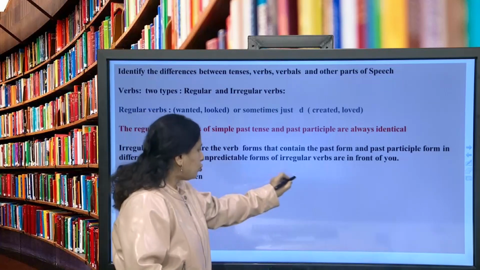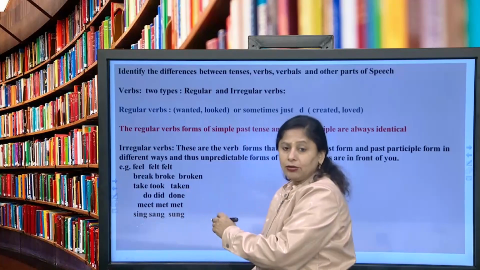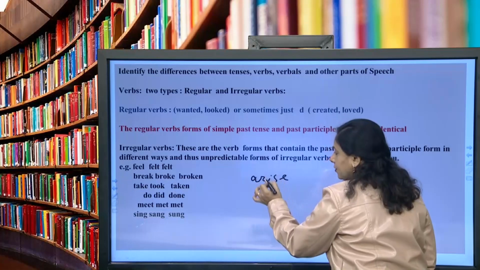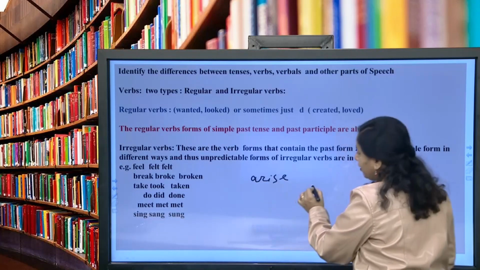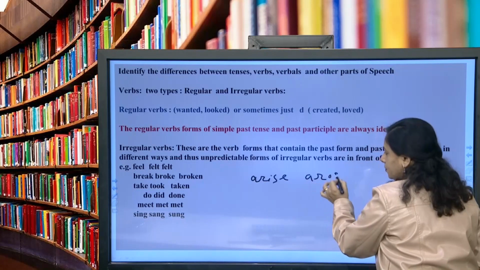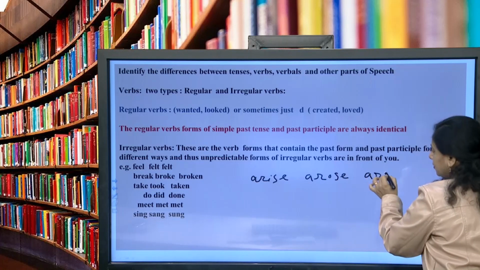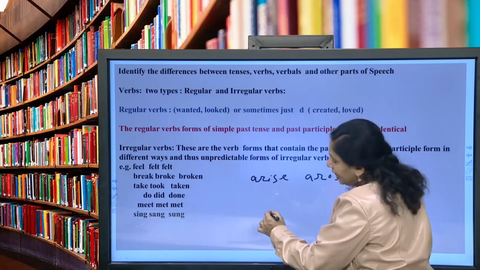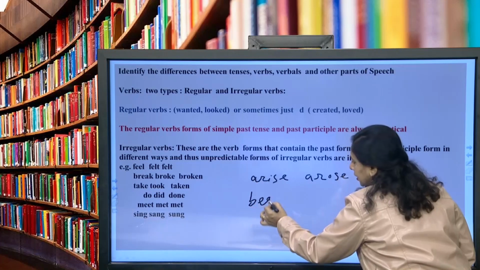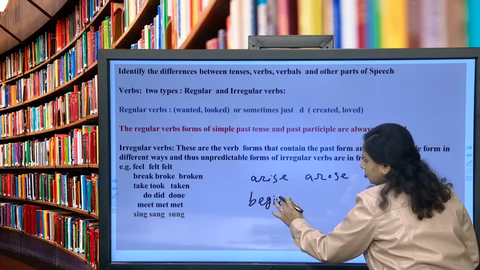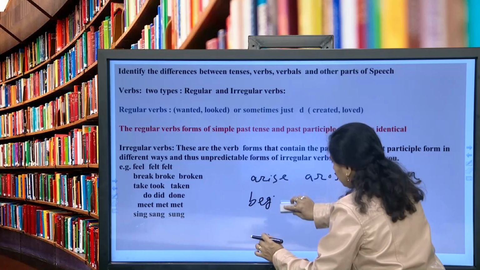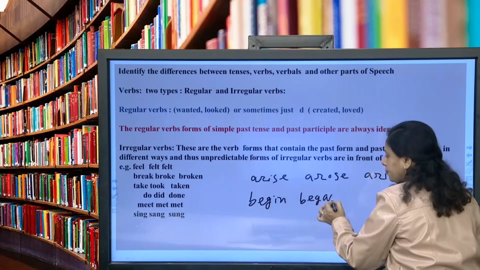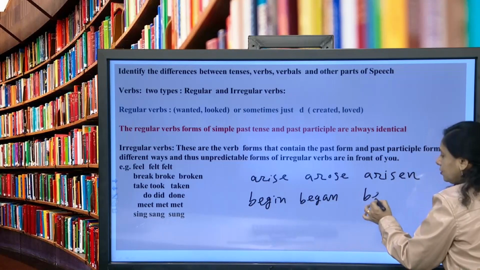As we have the space over here, you can see how they are working over here. As for example, arise, arose, arisen. Some verbs are begin, began, begun.